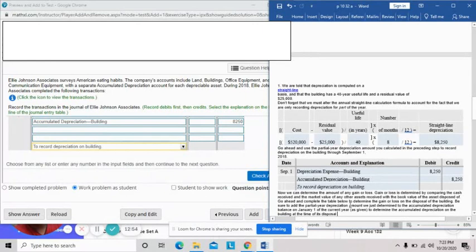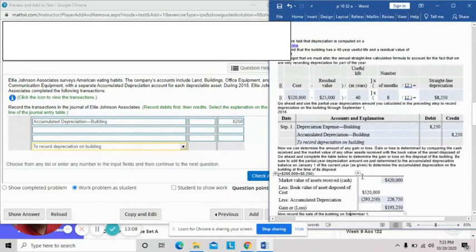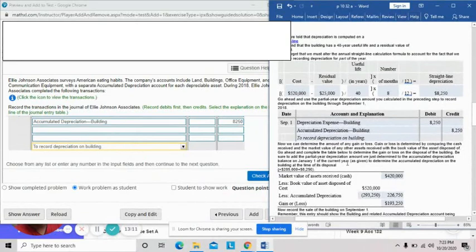I will make sure to add the partial year depreciation amount we just determined to the accumulated depreciation balance on January 1st of the current year, which is also given, to determine the accumulated depreciation on the building at the time of the disposal. Basically, we'll take the 285,000 amount, and then we'll add the 8,250 from the depreciation.